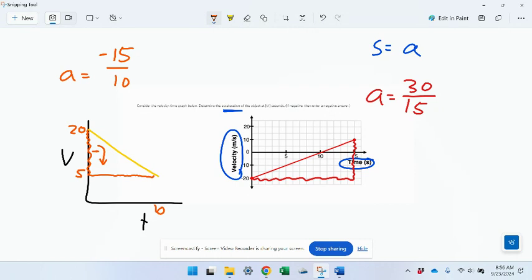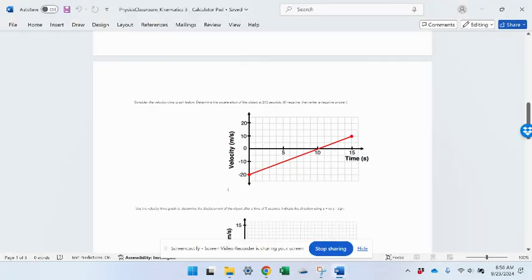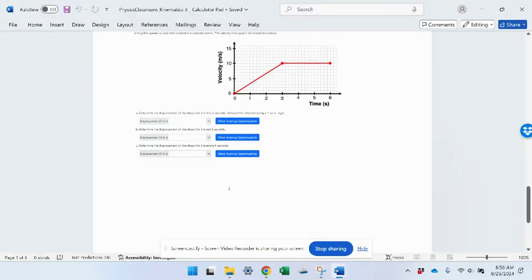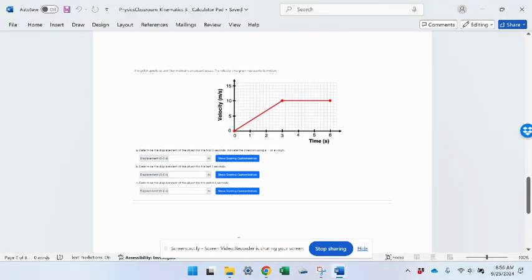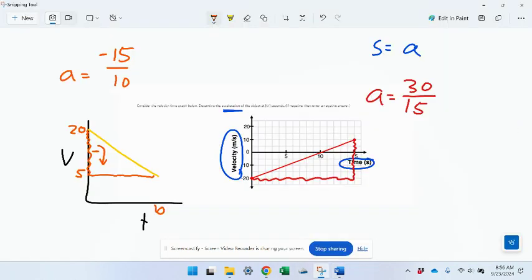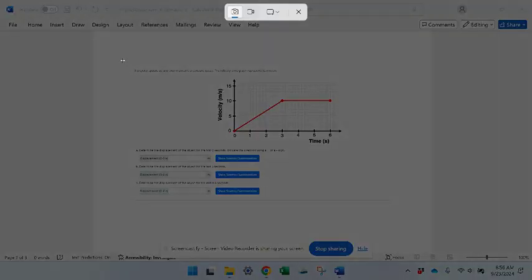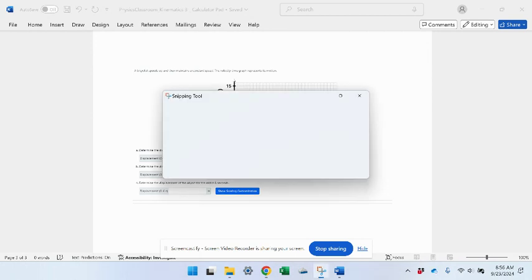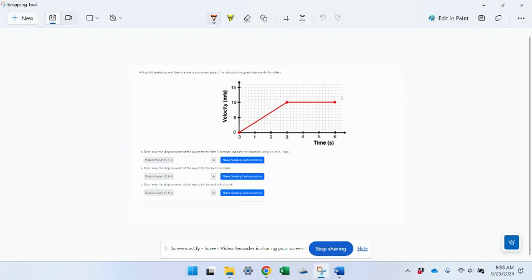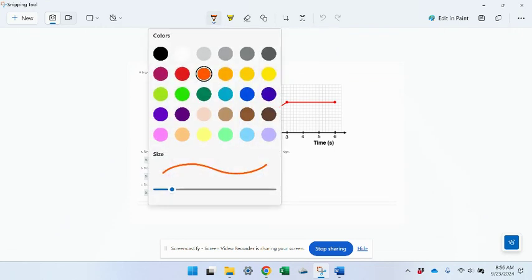If we continue moving along, we'll go down to the last one that you will potentially see, and this one has to do with the displacement on a velocity time graph. So here it's showing once again a velocity versus time graph.